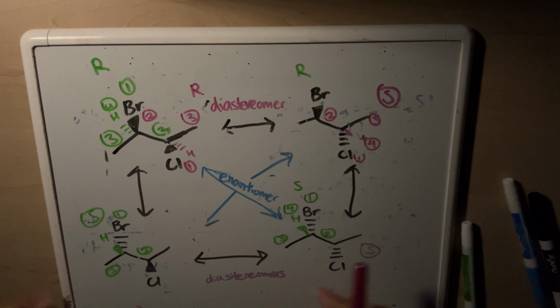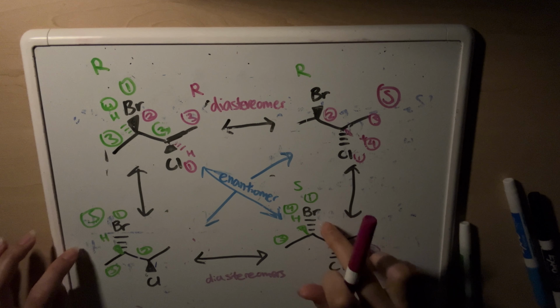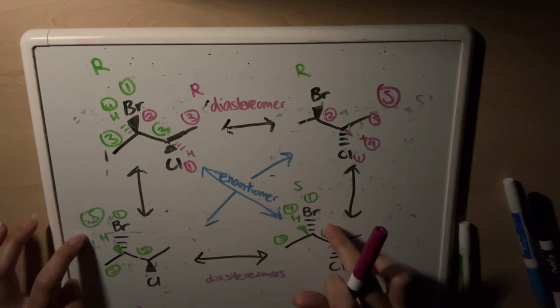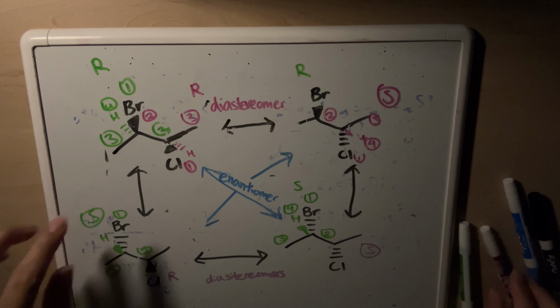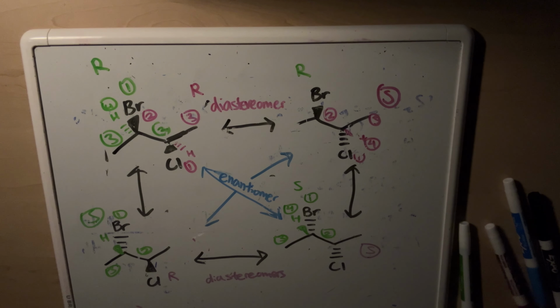We can also just see from here. Now this is S, so this didn't change, so it will stay as an S configuration. And then this chlorine, if you look up here to the wedge, it's R. So you don't have to assign it, but you can just see if you're comparing a bunch of different molecules.